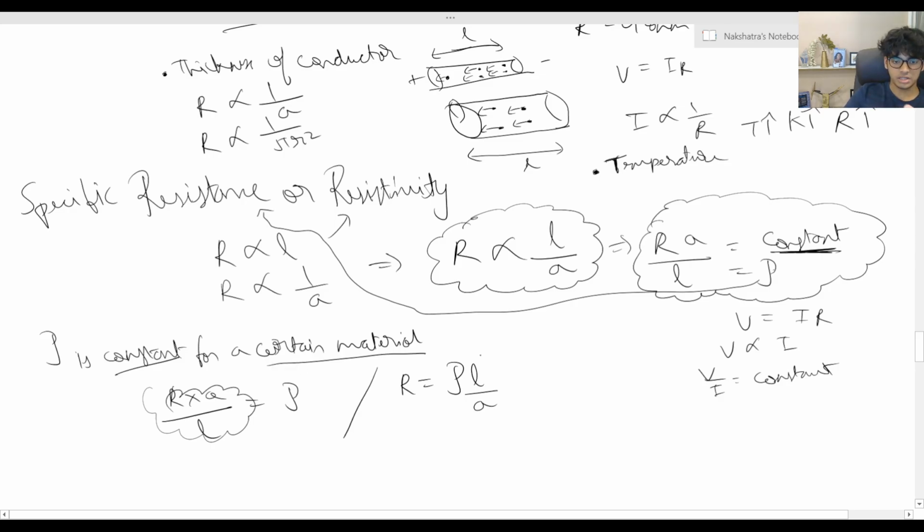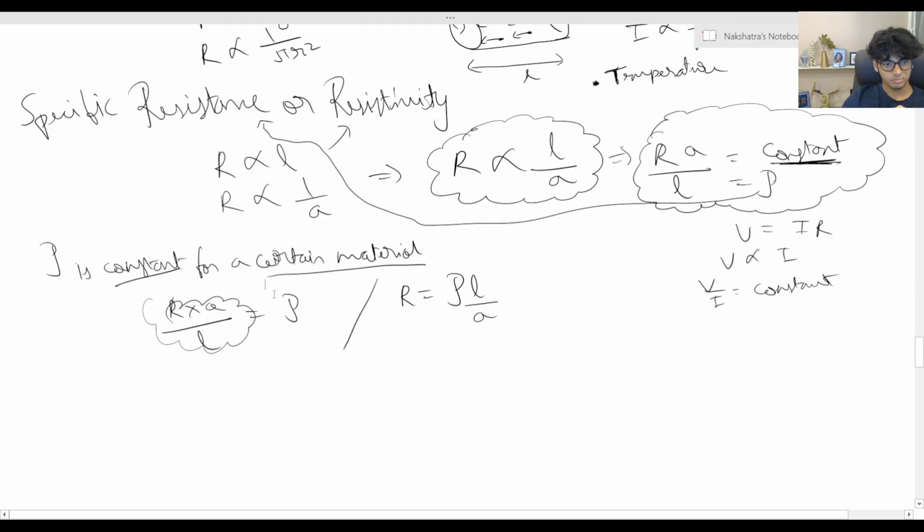So every material has a different specific resistance, है ना. लेकिन two conductors of the same material will always have the same specific resistance.